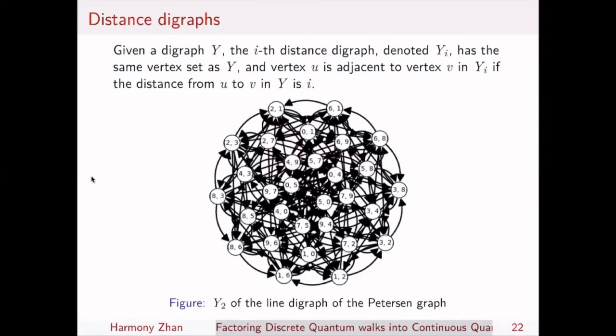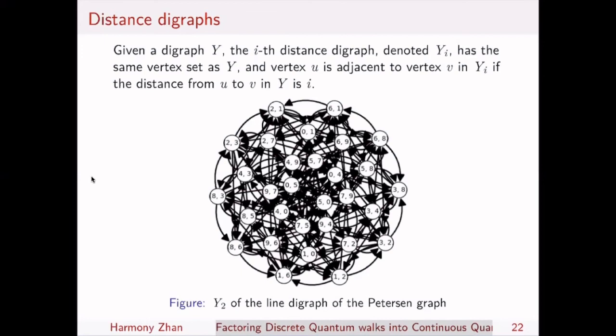Okay, so here we have a beautiful picture of the second distance digraph of the line digraph of the Petersen graph. I'm sure you can verify it very quickly. Okay, so what do we know? We know in the Petersen graph, this logarithm is a weighted union of this graph and its line digraph.